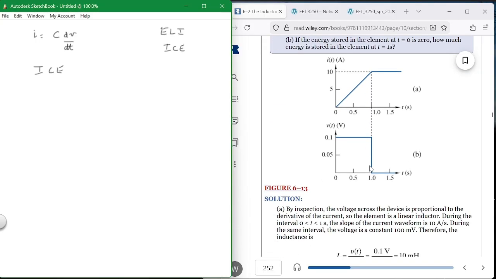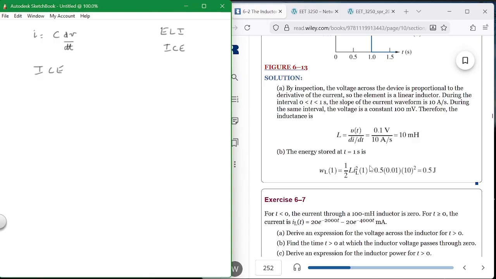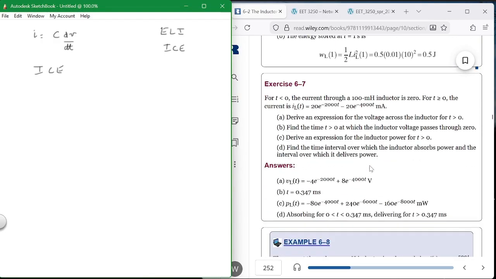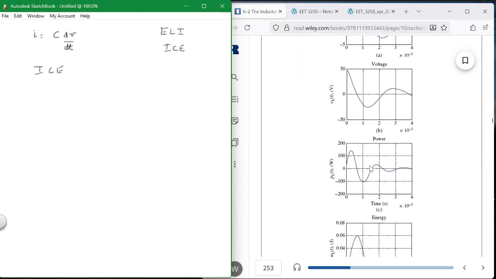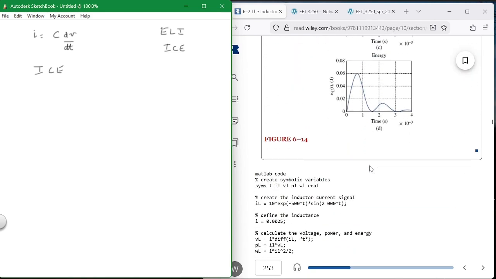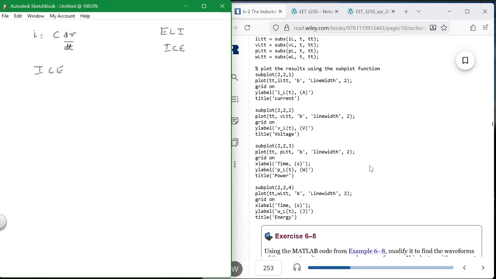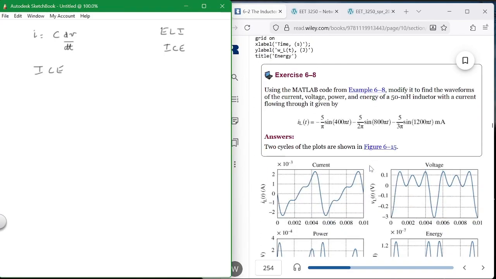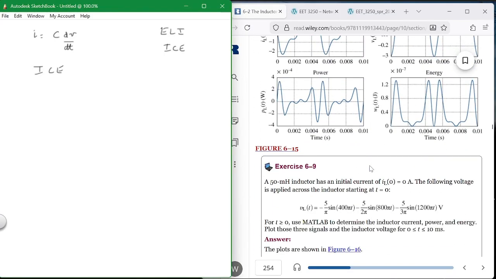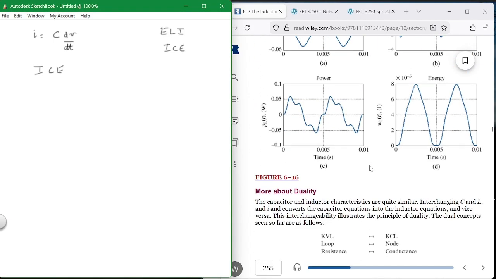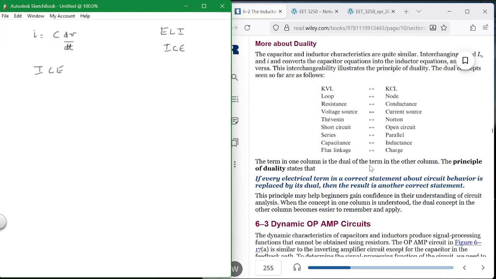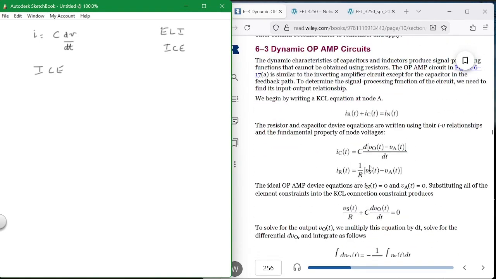Okay, so this is, again, first order differential equations is basically what it is. Here's some waveforms that they show the derivatives of. That's interesting, but we don't need to camp on that. Here's the op-amp portion.